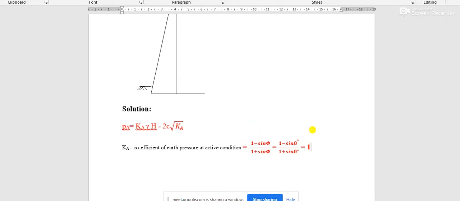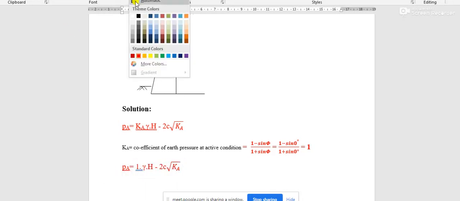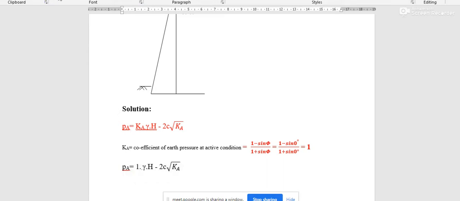Now coming to the equation, you have to put the values of all these parameters, where Ka equals 1, gamma equals 18, H equals 6.